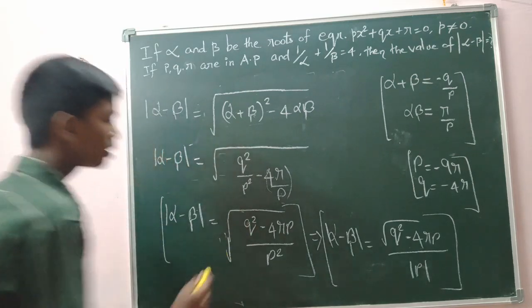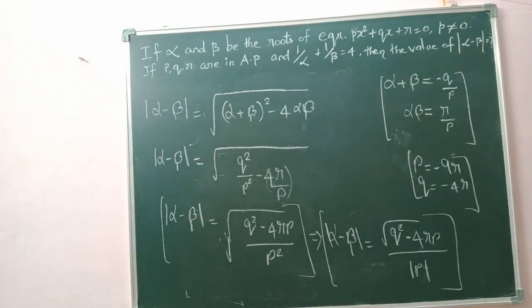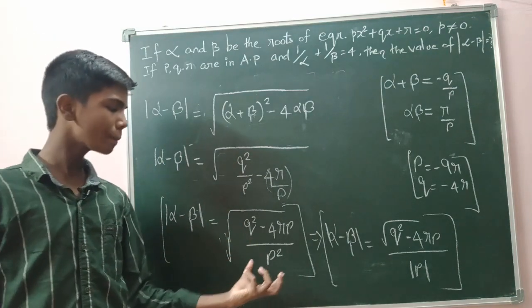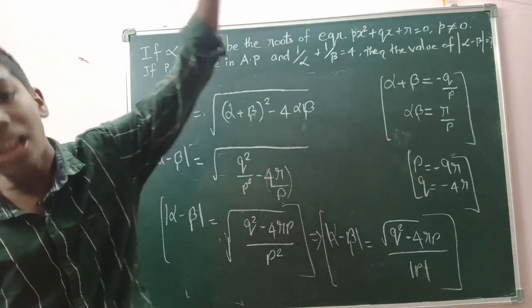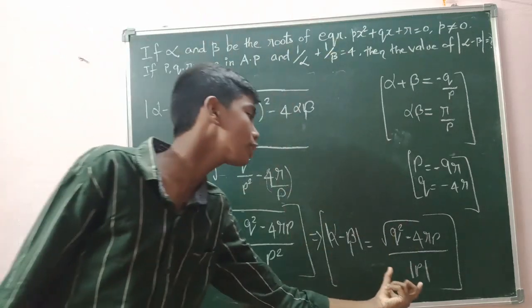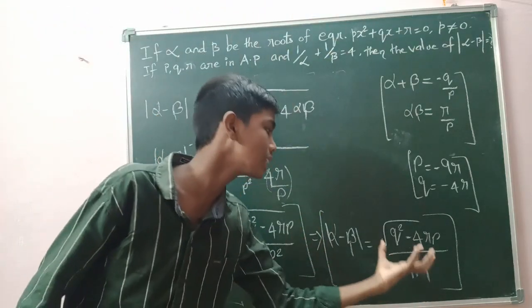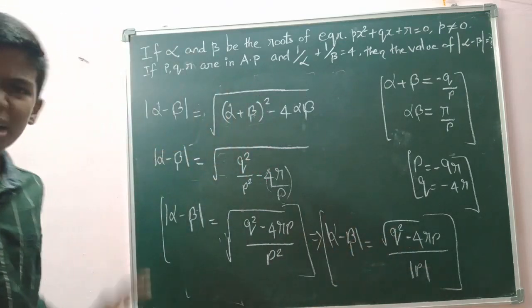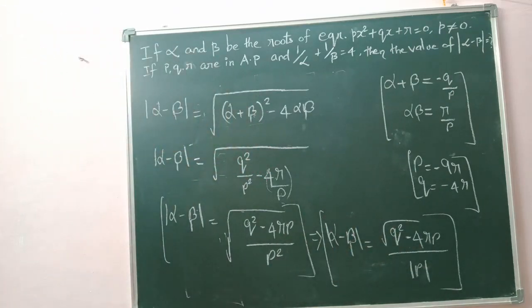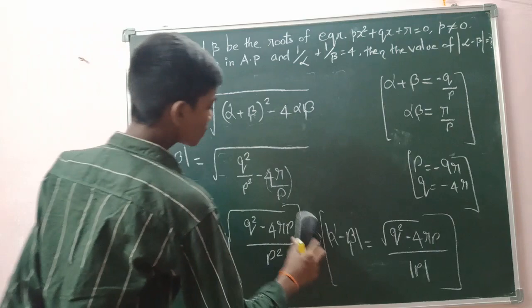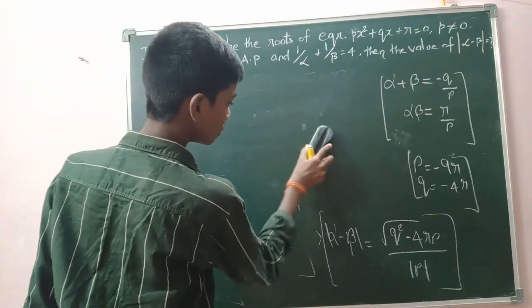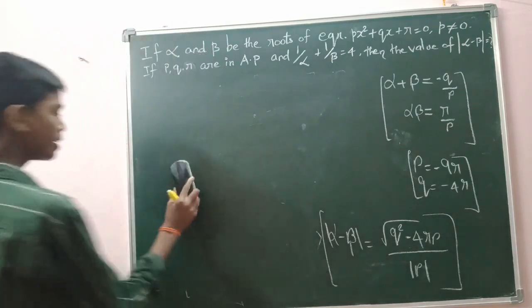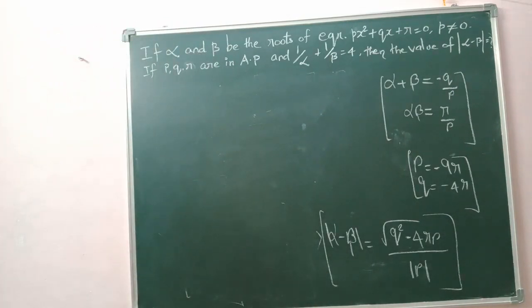Whole root of q square minus 4rp by p square, as is in fraction, root of p square is p only. But we are supposed to find the value of mod of alpha minus beta. Hence your denominator should also be the positive value, and that is why it is mod of p. Very simple. Such a simple concept. And from that, we are at mod of alpha minus beta is root of q square minus 4rp by mod of p. And now the question is very simple.